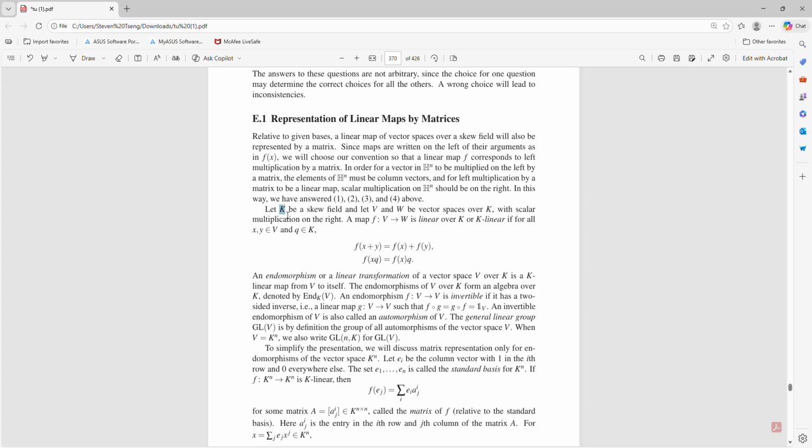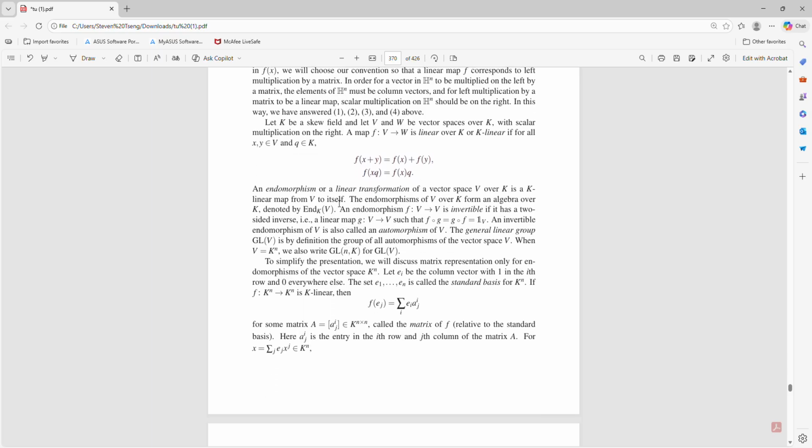First we let K be a skew field, and V and W be vector spaces over K. We call a map F from V to W linear over K, or K-linear, if this map satisfies these two things. We call an endomorphism or linear transformation of a vector space V over K a K-linear map from V to itself.